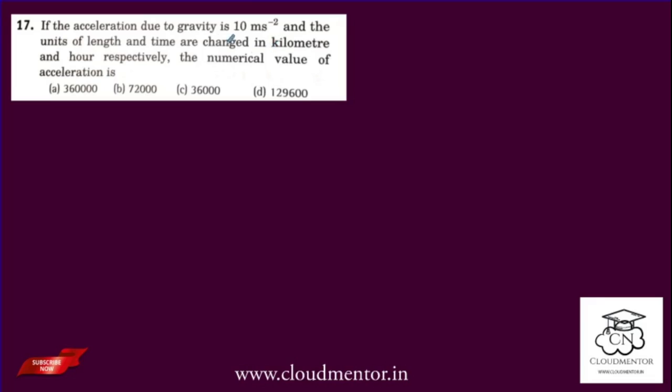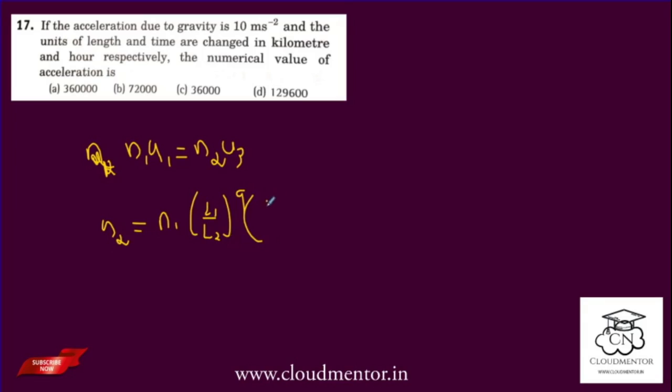Here the units are changing from meter and second to kilometer and hour. So we know the conversion, that is n1 u1 is equal to n2 u2, or otherwise we can use the formula n2 equal to n1 multiplied by L1 by L2 raised to a, m1 by m2 raised to b, and t1 by t2 raised to c.